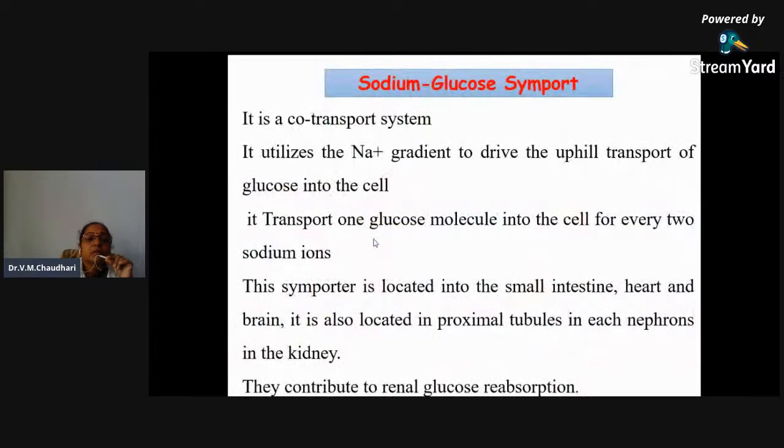Now next is the sodium glucose symport. This is our today's new topic. Sodium glucose symport is again a co-transport system.